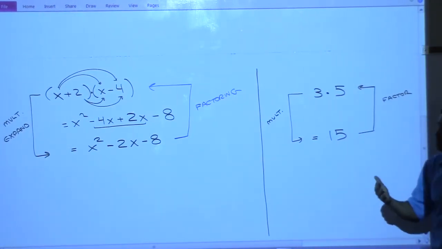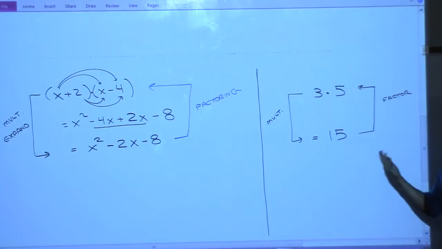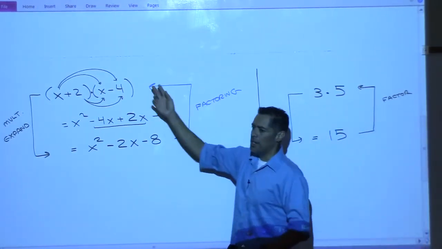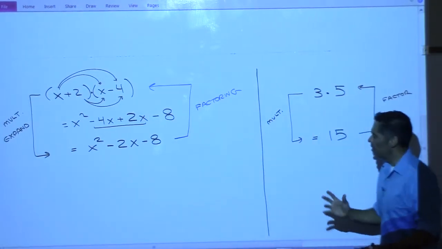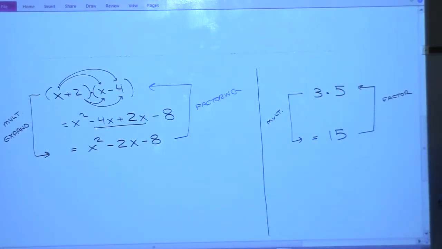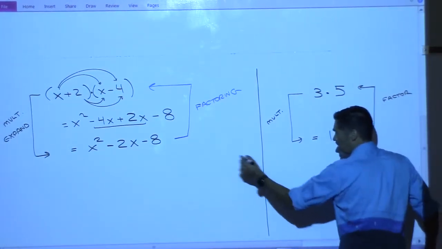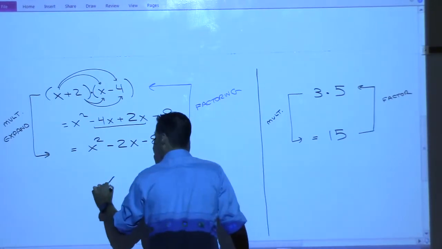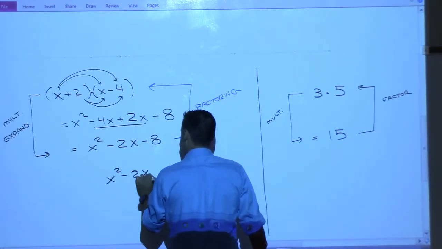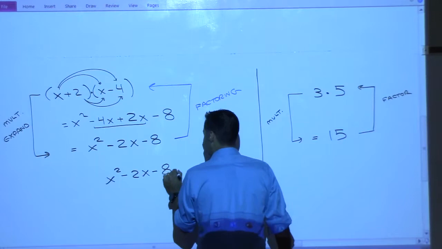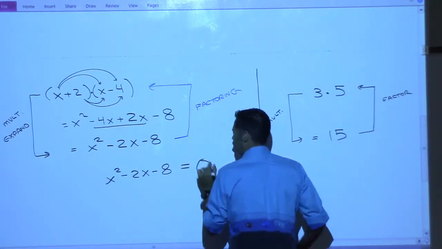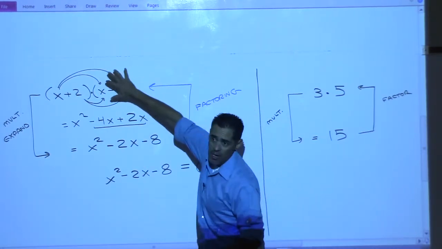Now the next question would be why? Why would you ever want to take something and turn it into two things being multiplied? I'm only doing this because I think it's important for us to at least appreciate why we ever want to do this. So let's take this right here, x squared minus 2x minus 8, and let's make an equation out of it. This right here is an expression, agreed?